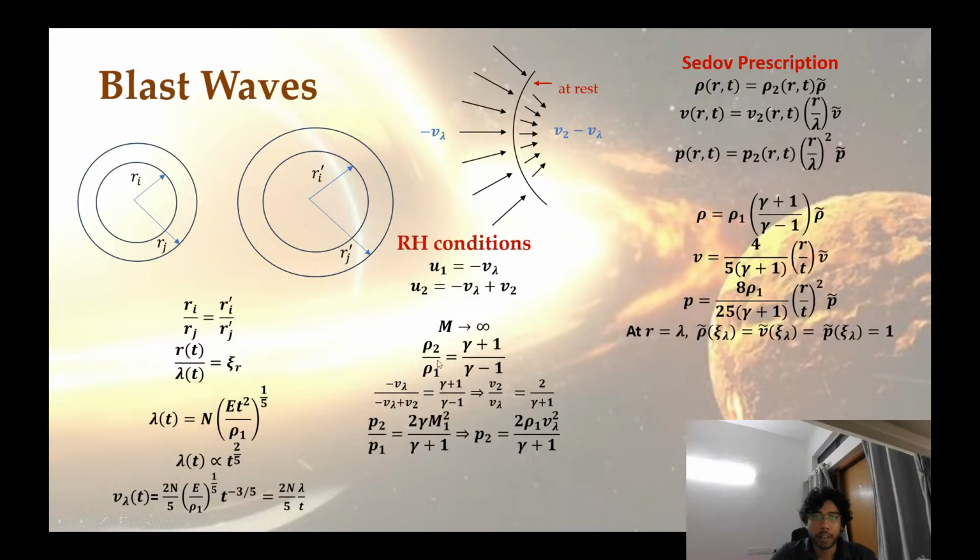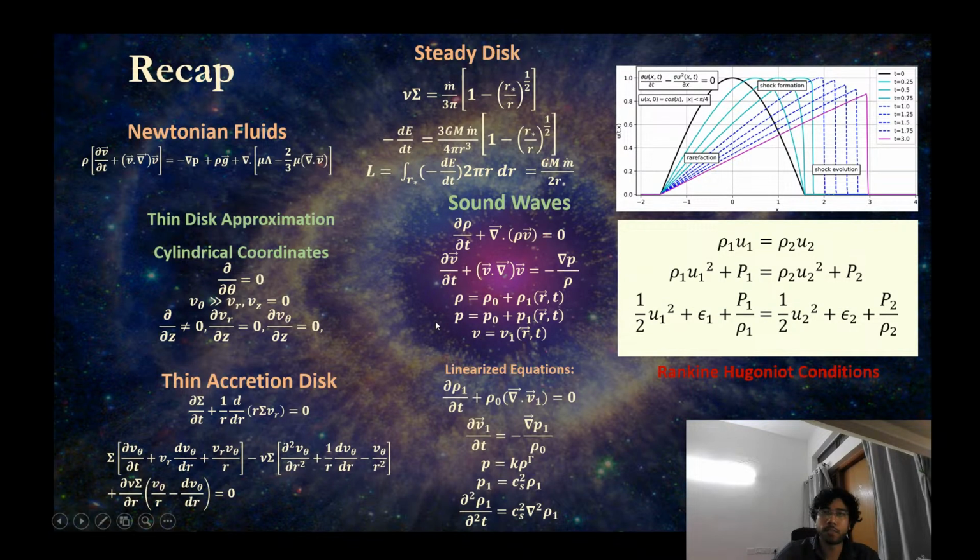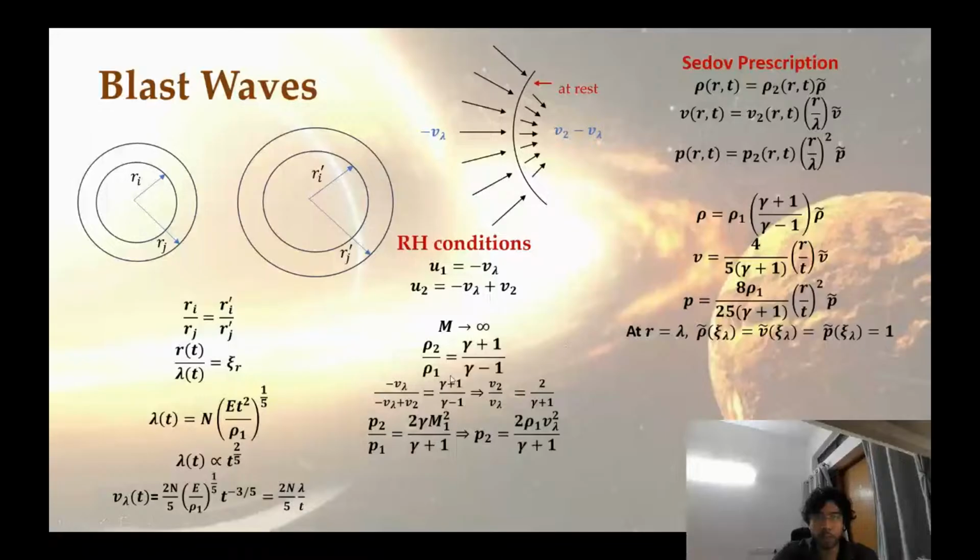And if we look at the first Rankine condition, rho 1 by rho 2 is basically U2 by U1. Rho 2 by rho 1, and therefore this is equal to U1 by U2. And we know this. From there, we can get this expression, and solving this, we get V2 by V lambda equals 2 by gamma plus 1. And similarly, P2 by P1 is 2 gamma M1 square by gamma plus 1.